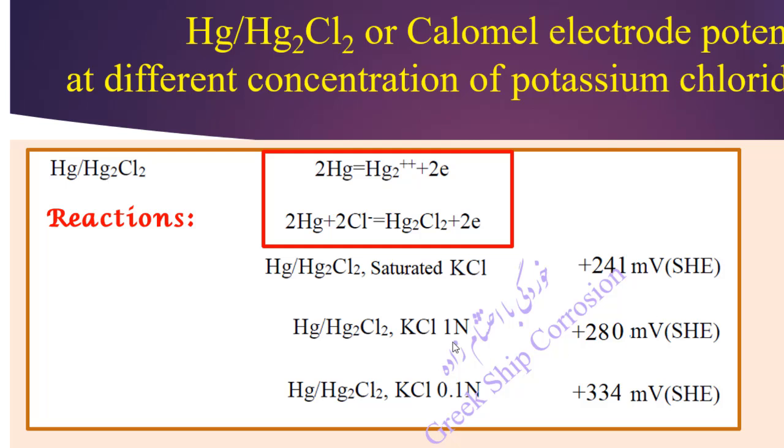In one normal potassium chloride, the potential equals positive 280 millivolts versus SHE. In 1/10 normal potassium chloride solution, the potential of the Calomel electrode is positive 334 millivolts versus standard hydrogen electrode.